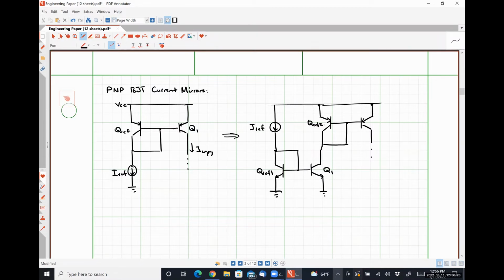Where this is going to be QREF2, and this is going to be Q2, and this is going to be I copy, which that doesn't look particularly good.